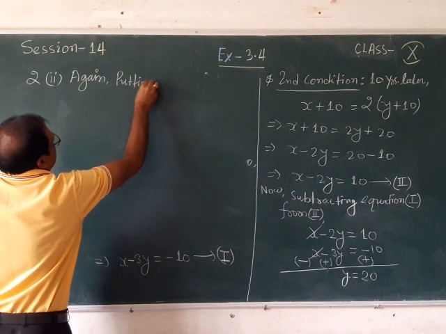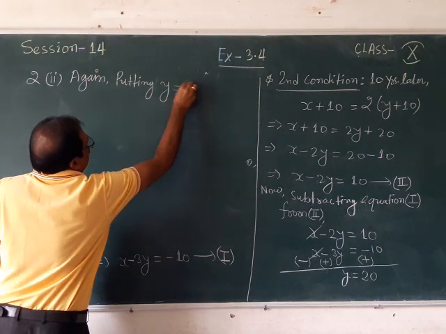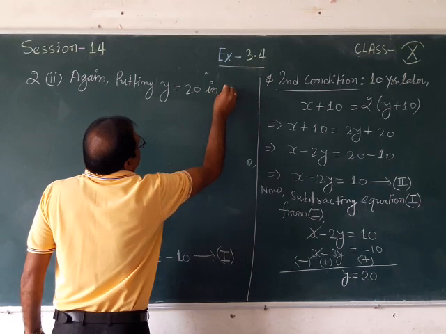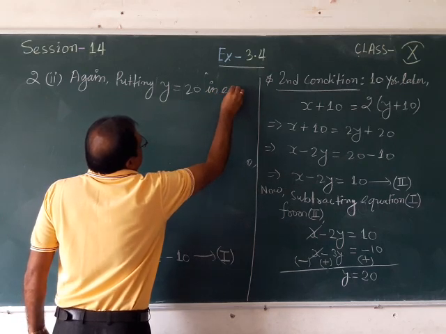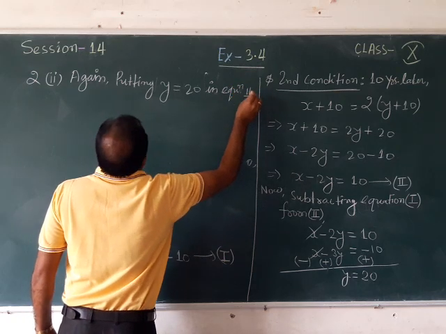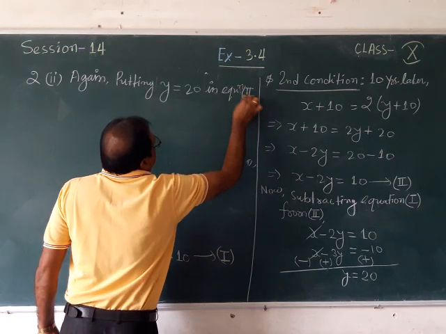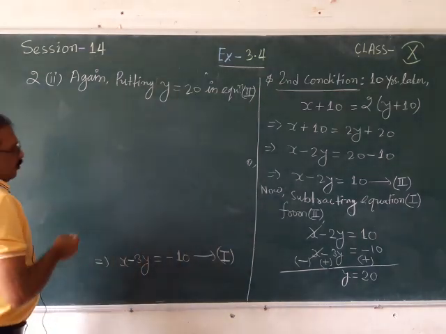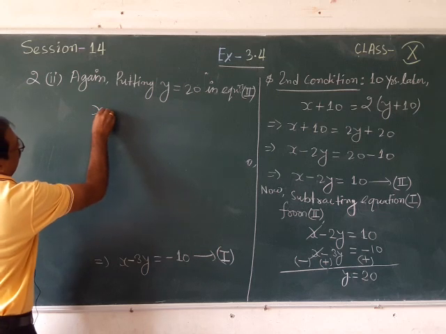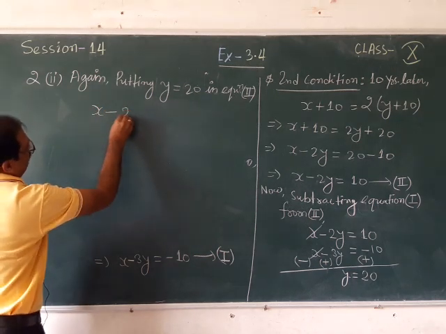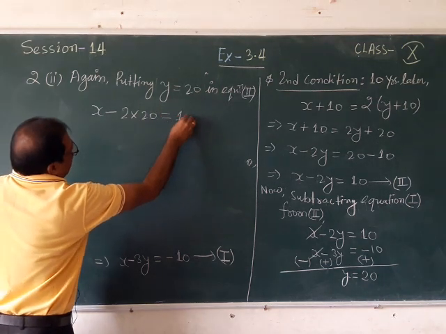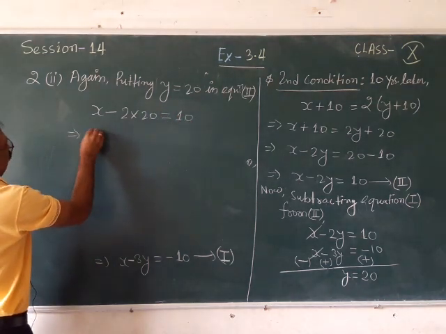I can write, putting y equal to 20 in equation second. So the second equation is x minus 2y. I am writing x minus, I am not writing 2y, I am writing 2 into 20, and that is equal to 10. Further I will solve it.